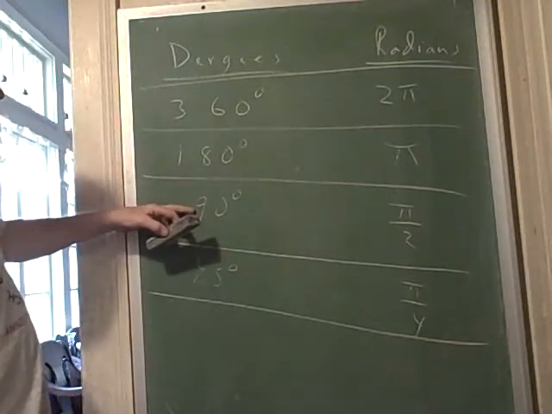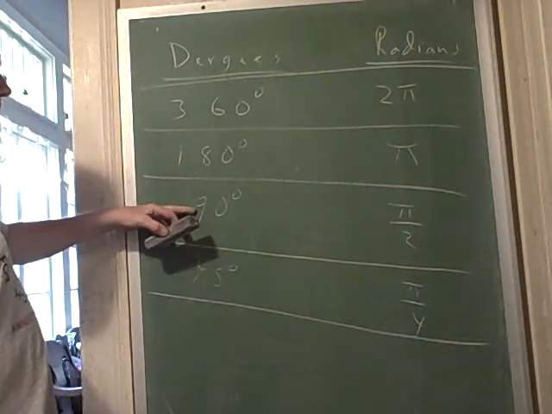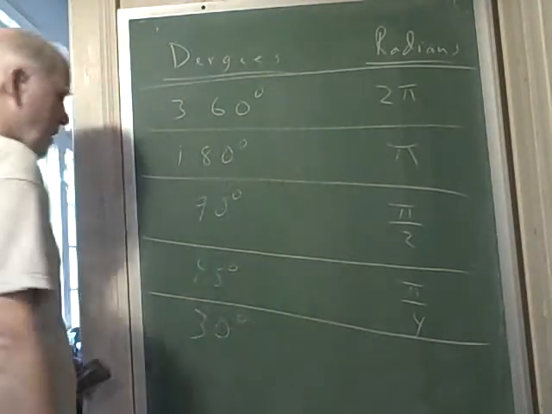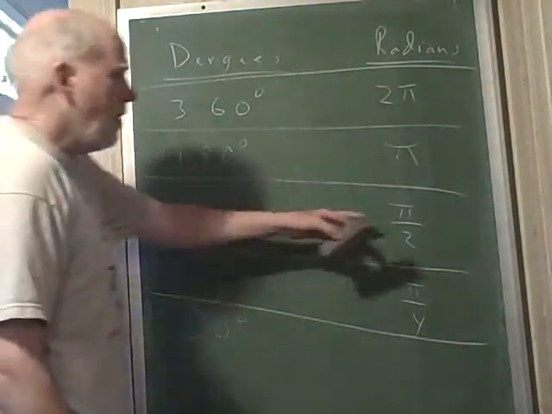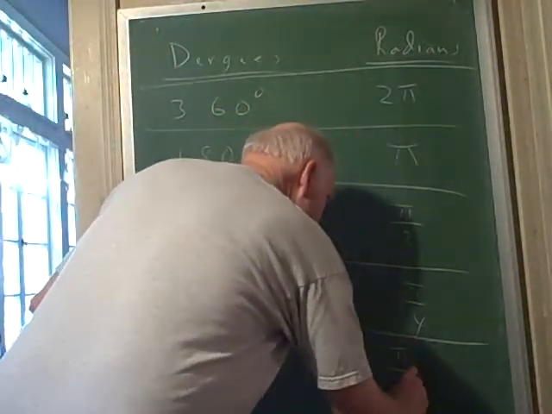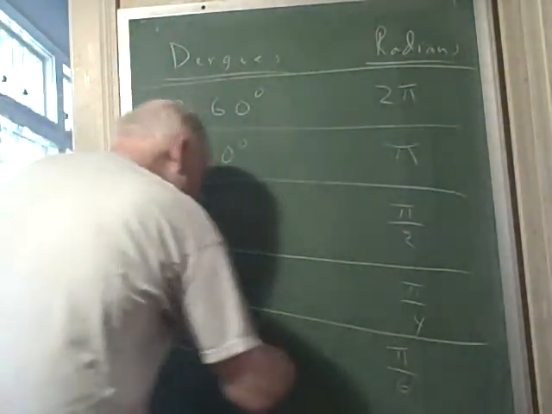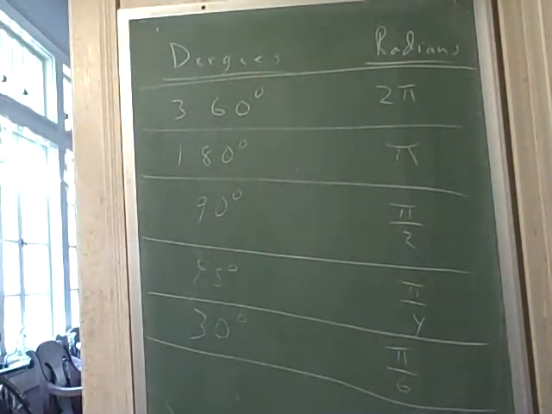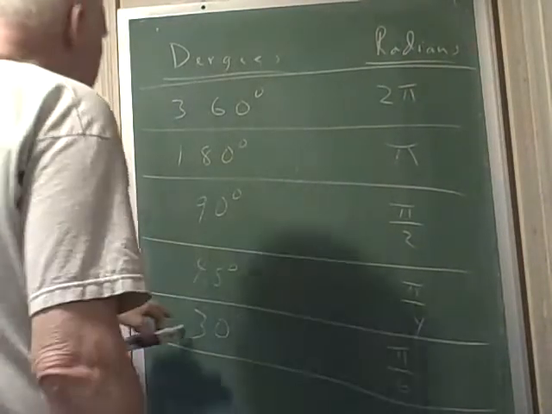But what I'm going to do is take 1/3 of 90, which is 30 degrees. I'm really interested in the common angles here, right? 30 is 1/3 of 90, and 1/3 times pi over 2 is pi over 6. So with these common angles, you can figure them all out. Yeah, we're still in the view, I guess. 30 degrees is pi over 6.